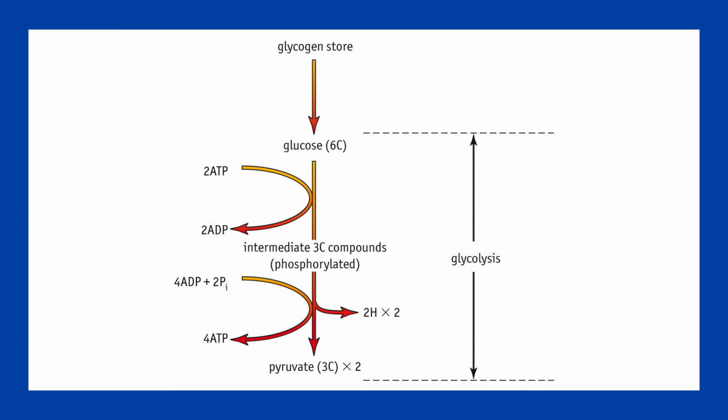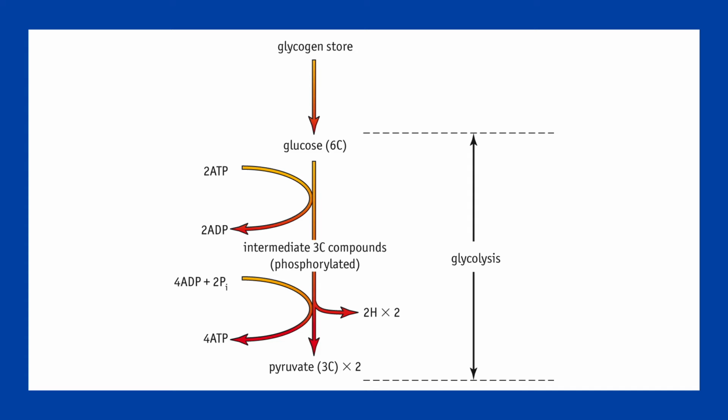To do this, 2 ATP molecules are used, and that creates 2 ADP molecules plus the 2 inorganic phosphates that become incorporated into this phosphorylated glucose. You might be thinking, if ATP is our universal currency of energy in living things, why are we starting by using it up?